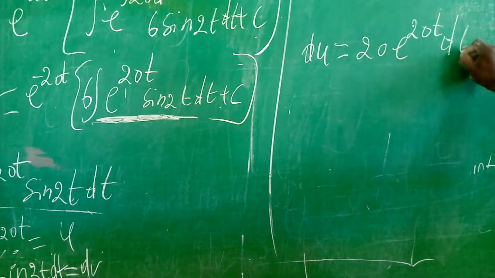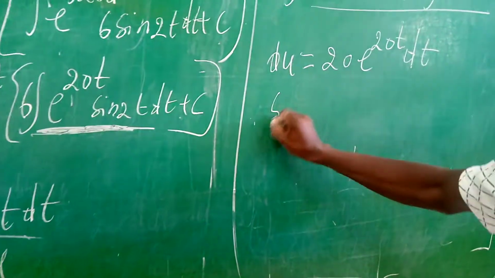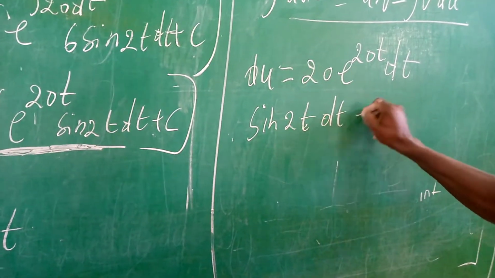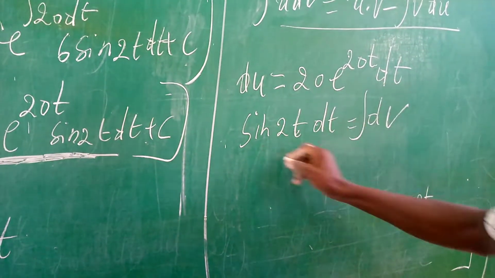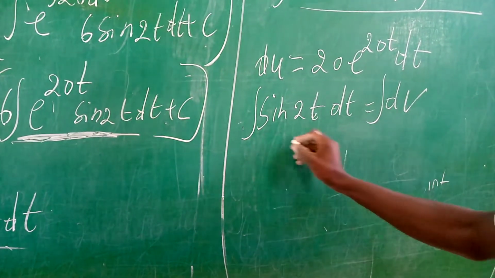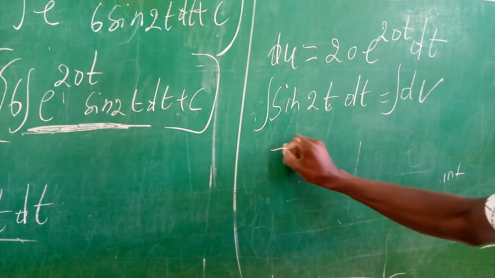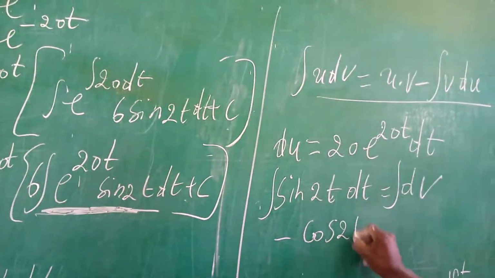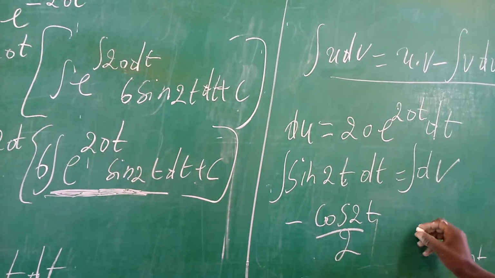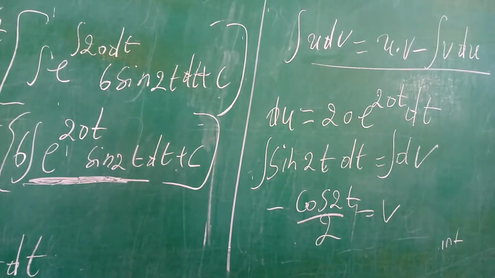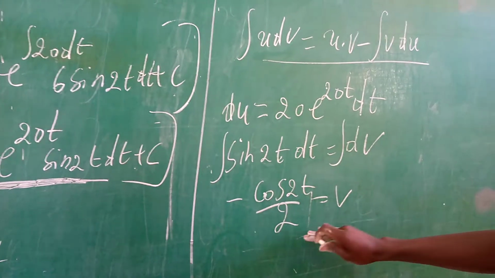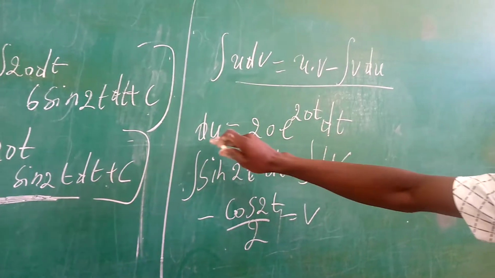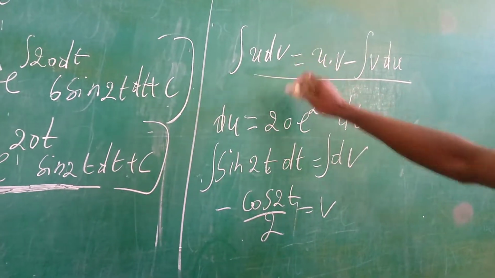And sin 2t dt equals dv. We integrate both sides, and here we get negative cosine 2t over 2 equal to v. Here we are just going to use this value of v, and du, and put them in this equation.